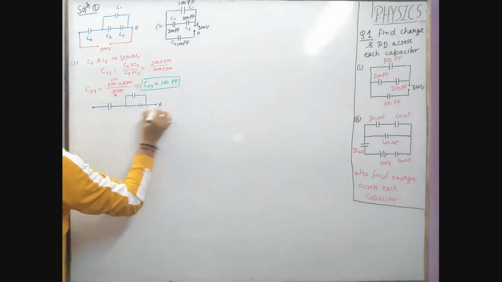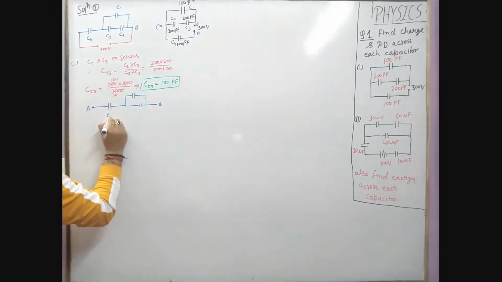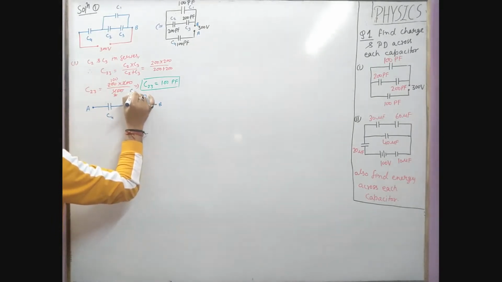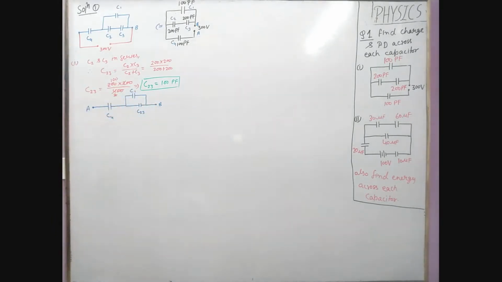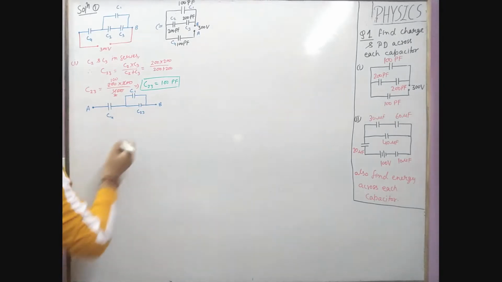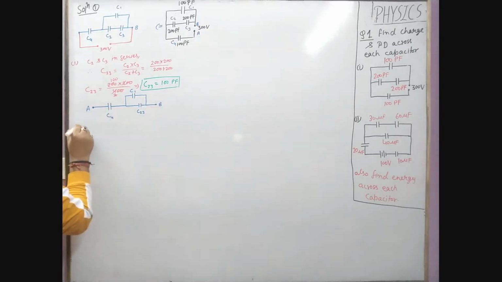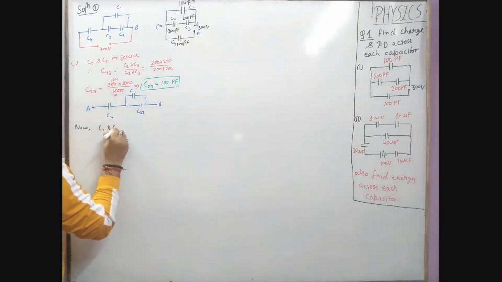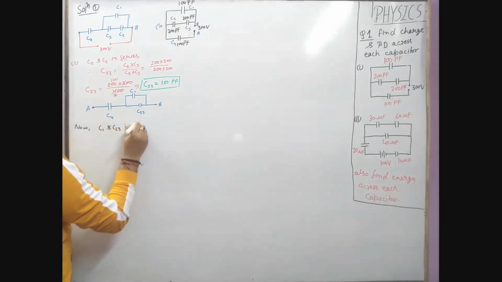like that, from point A to B, where this is C4, this is C23 and this is C1. Now you can easily observe here, C1 and C23 are in parallel.